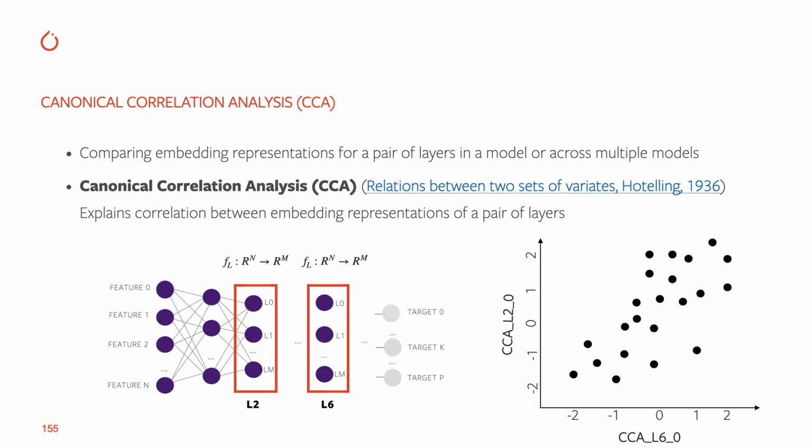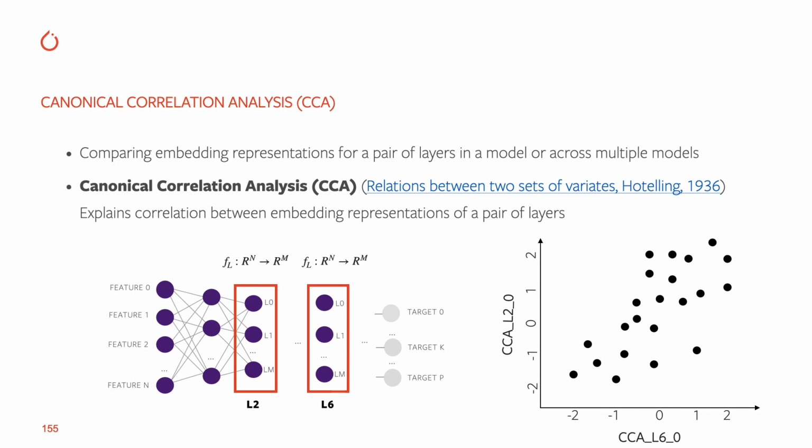Canonical correlation analysis, also known as CCA, can help us to explain the correlation between the representations of two layers. It is similar to PCA in terms of reducing the dimensionality, with a difference that instead of explaining the variance for one layer representation, it explains the covariance between two layer representations.